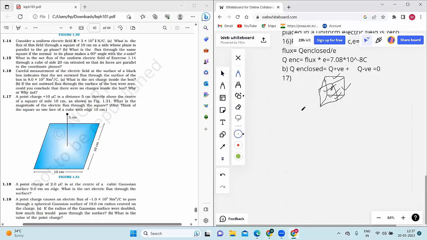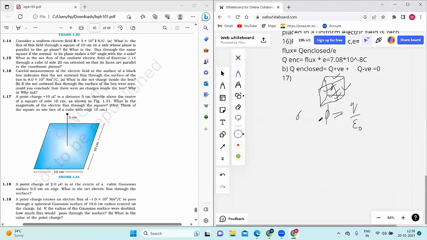As the cube contains 6 faces, the flux enclosed by the cube due to the charge at its center is q by epsilon naught.